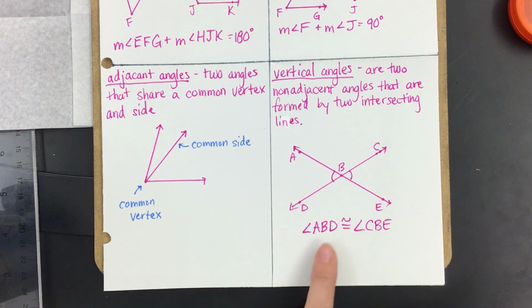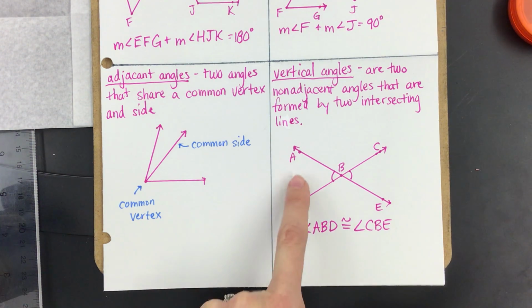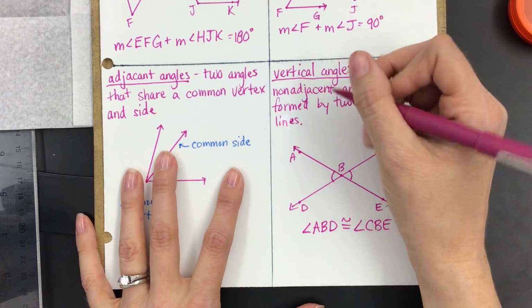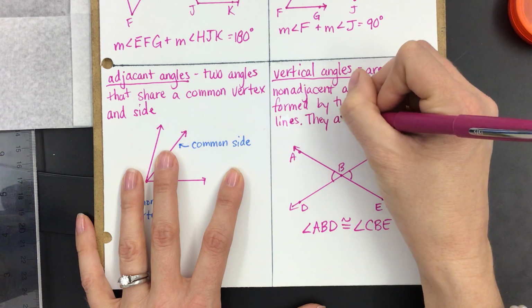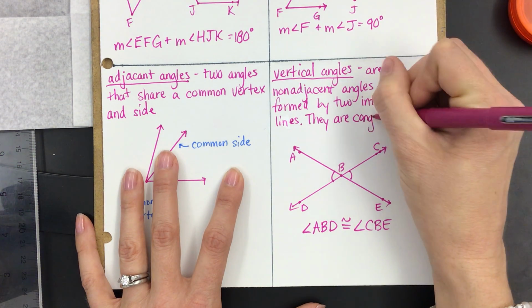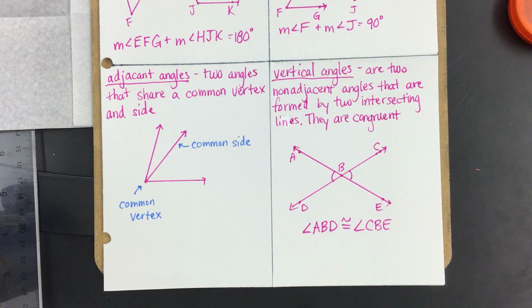Now, have you guys seen this symbol before? Maybe, kind of. It basically means that they have the same measure. So we're saying that this angle and this angle have the same measure. So I'm going to add on to the definition. We can say they are congruent, meaning that they have the same measure. They're congruent.